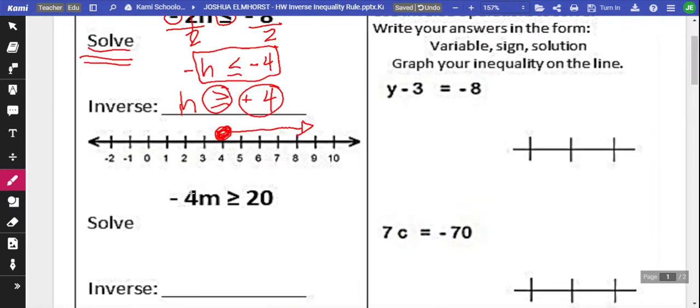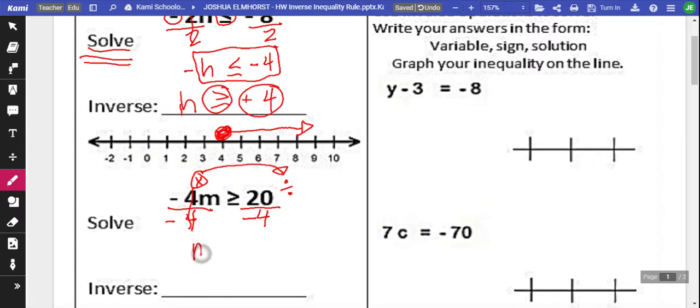So just looking at another example down below. So we have -4 times m. We're going to do the opposite on the other side. So we're going to divide by 4 to cancel. But then, because we have a negative variable here, we're going to divide by 4 on both sides.